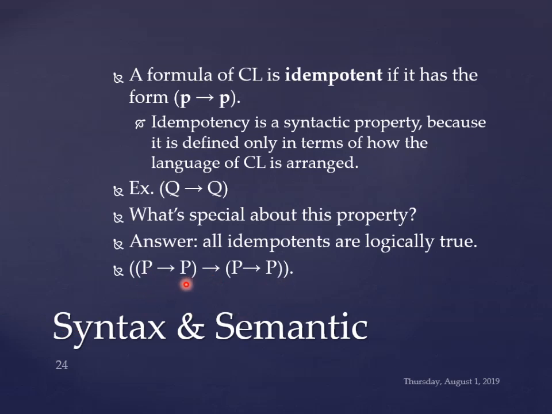Notice too that this thing is composed of idempotents as well: the antecedent of this whole thing is an idempotent, and the consequent of this whole thing is an idempotent. That's how these two things can get entangled sometimes: we specify a special syntactic property because it maps onto certain things that have a semantic property.